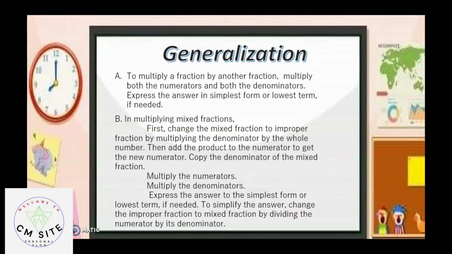Always remember to multiply a fraction by another fraction. Multiply both the numerators and both the denominators. Then express the answer in simplest form or lowest term, if needed. And in multiplying mixed fractions, we need to change mixed fractions to improper fractions.